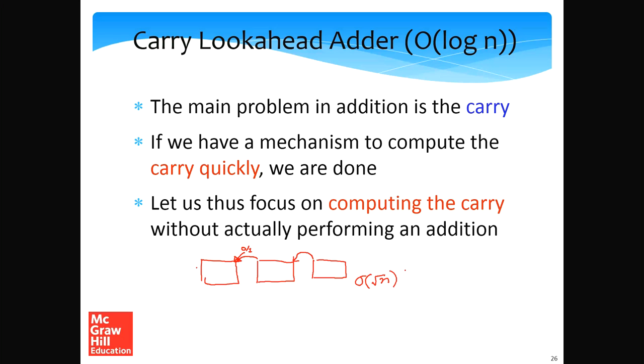But essentially all our benefits came from computing the carry very quickly. So let us thus focus on computing the carry without actually performing the addition if required. Some kind of a shortcut to get rid of this carry business.